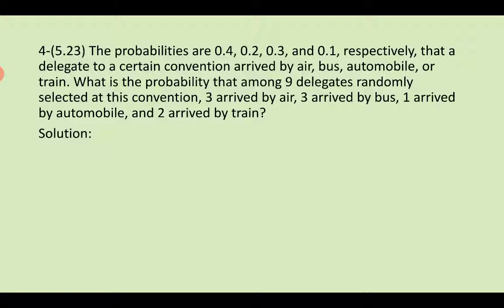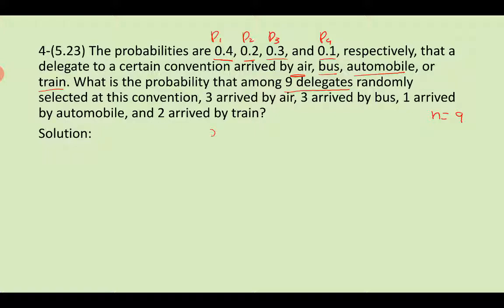The next problem is, there are 4 probabilities, 1, 2, 3, 4. Call them small p1, p2, p3, and p4. There are 4 probabilities respectively that a delegate to a certain convention arrived by air, by bus, automobile, or train. There are 4 modes of transport. So 9 delegates are arriving. Totally 9, so n is equal to 9.